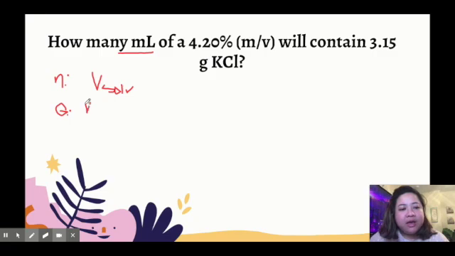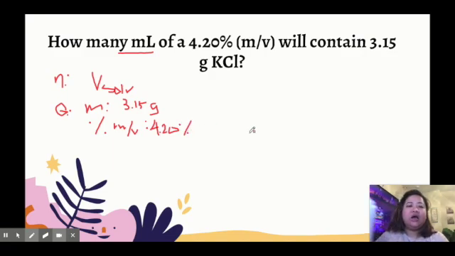So that is the mass, 3.15 grams. And the percent by mass and volume, which is 4.20%.